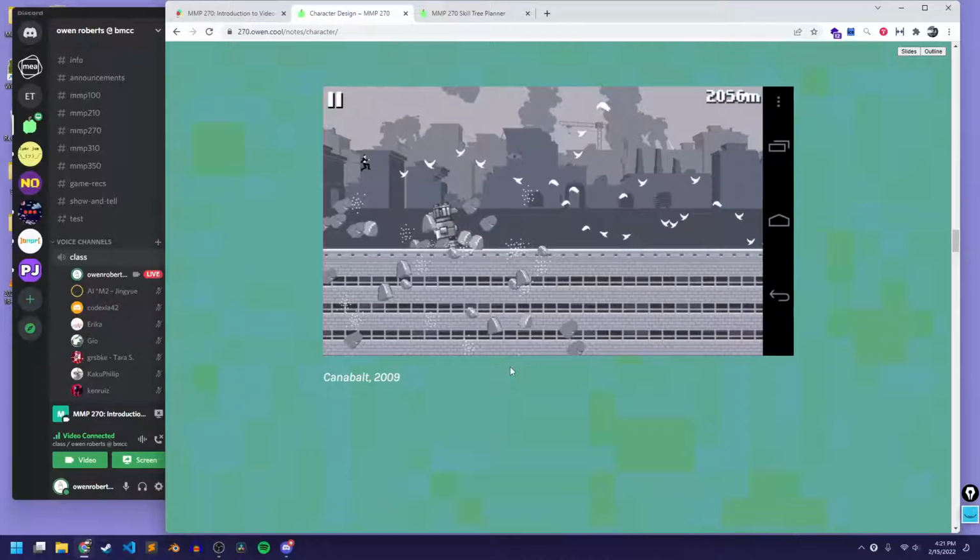So even though it's from 2009, and at that point we had games with more sophisticated 3D graphics, since this was supposed to work on mobile, it is going back to this early pixel retro graphic style because we want it to run fast, and early mobile devices obviously didn't have the same processing power that we're used to with modern PCs.